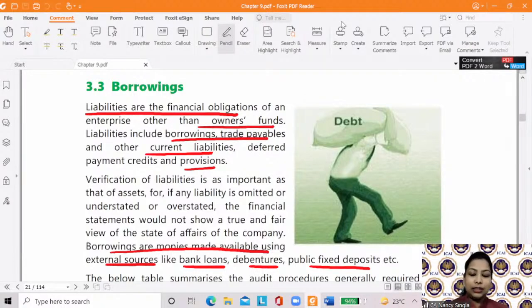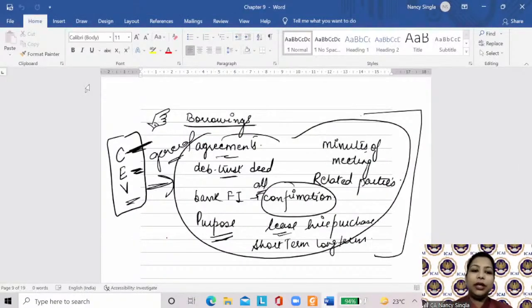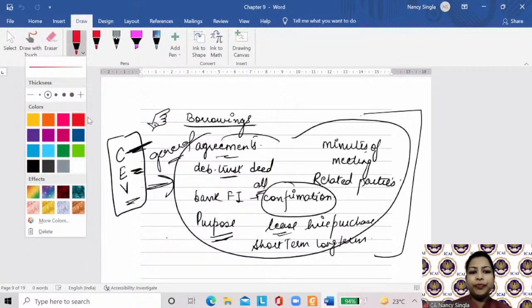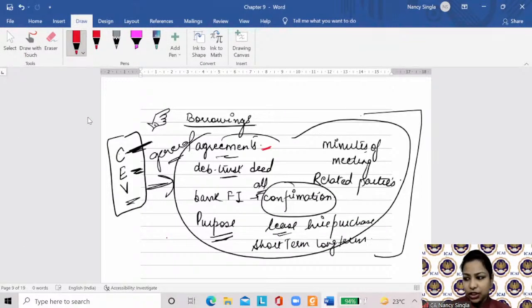In the last session we were discussing borrowings. I have just touched upon borrowings, so today we'll be doing borrowings in detail. You all have told me various audit procedures for the client. Many of you said agreements, then in case of debentures, you said debenture trustee, minutes of the meetings.